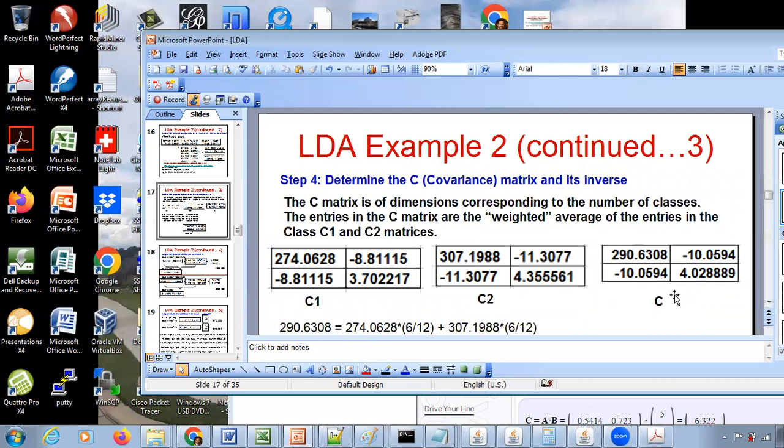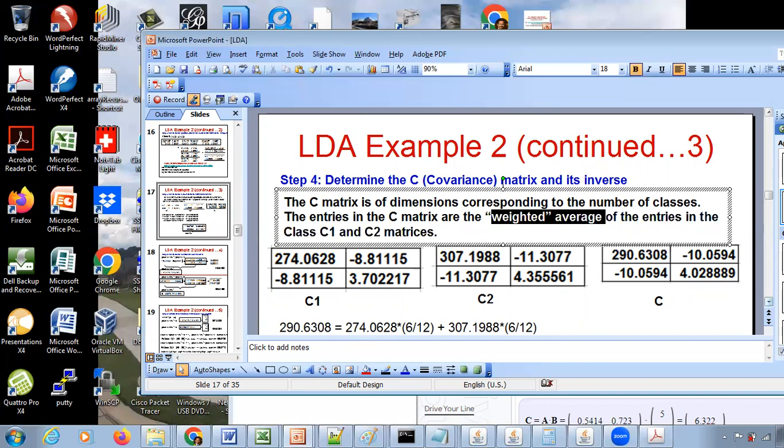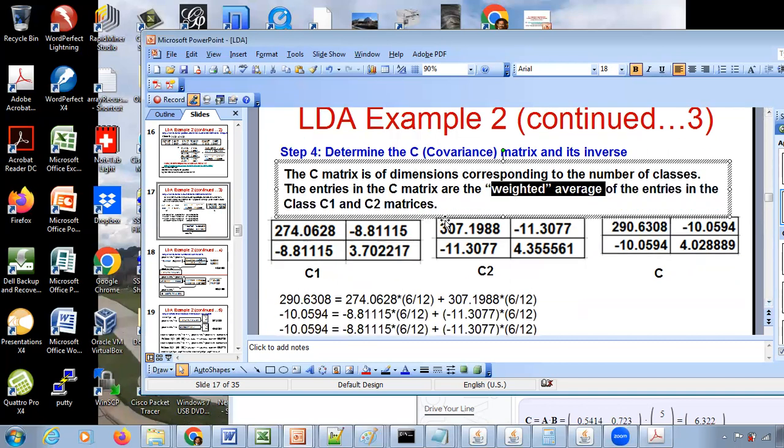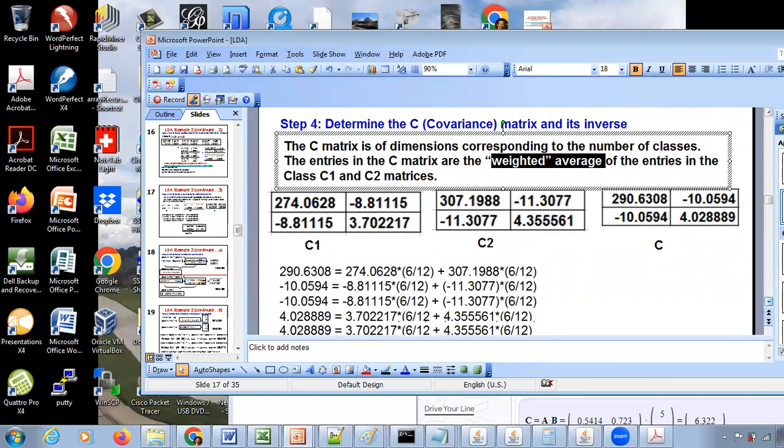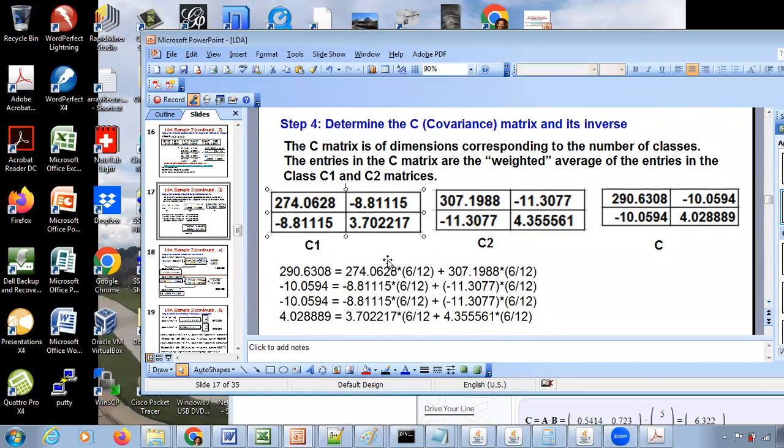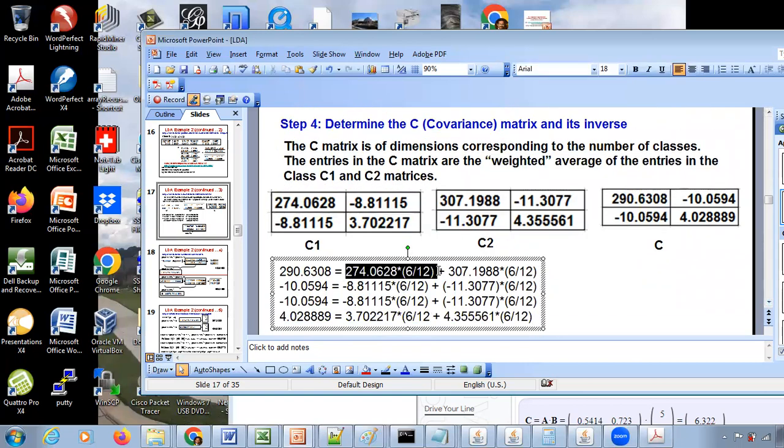And now we have to get the overall covariance matrix as a weighted average of the entries. So what you do is multiply each entry by the corresponding fraction. 274.0628 times 6/12, since 6 of the 12 records are for class 1, plus 307.1988 times 6/12.